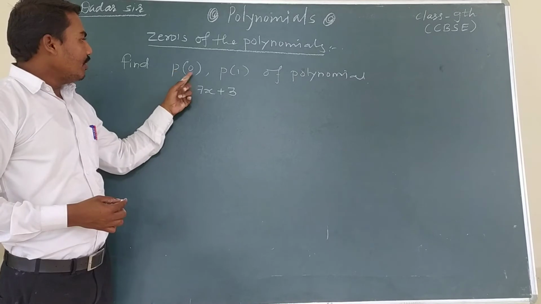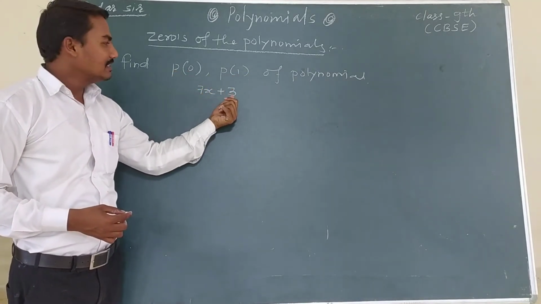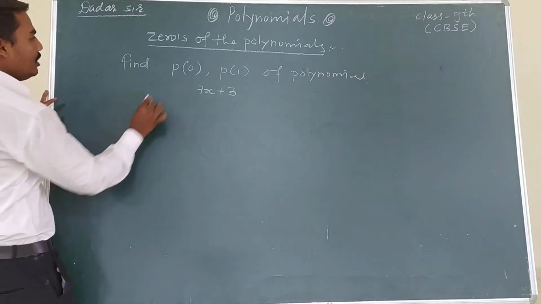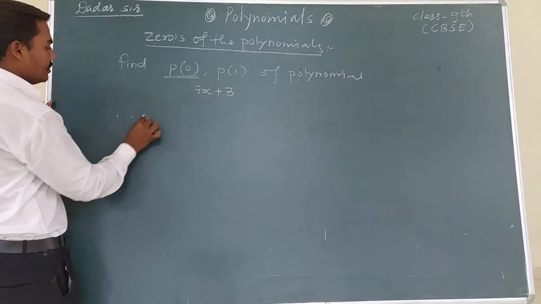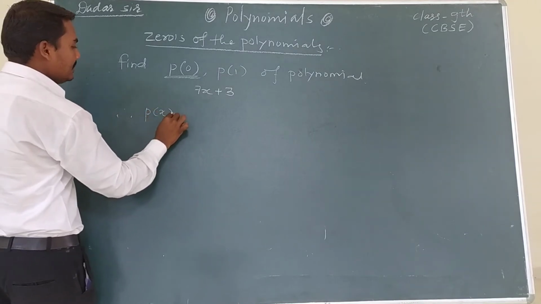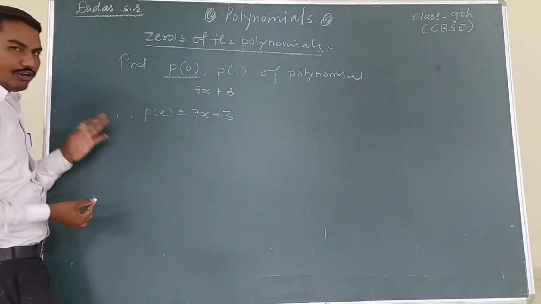We have to find p of 0 and p of 1 of the polynomial 7x plus 3, which means we have to find the value of p of 0. How? So p of x is given as 7x plus 3. It is our polynomial.